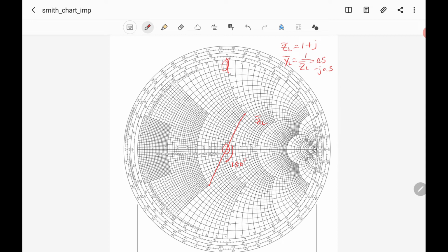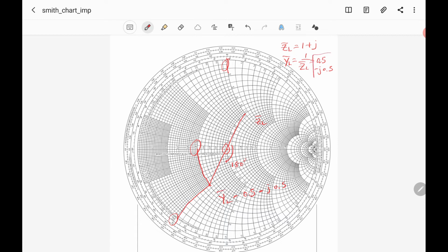If we read the value, this is 0.5 and this is 0.5. We put a minus here because we read this as negative. So this is YL, and this is true.